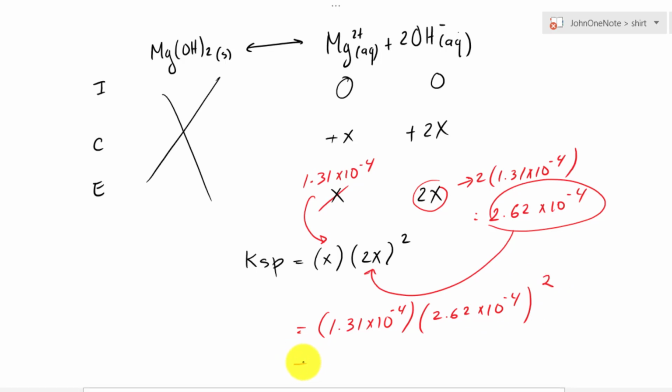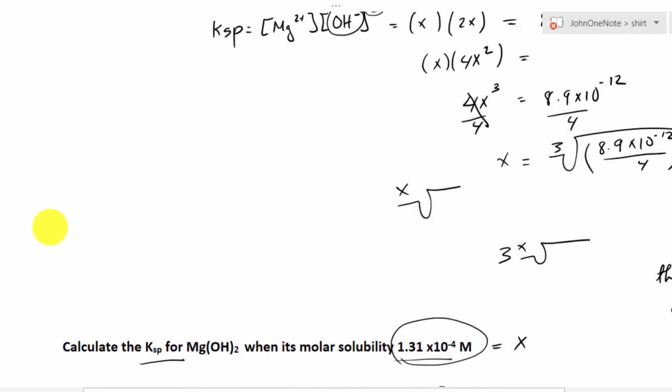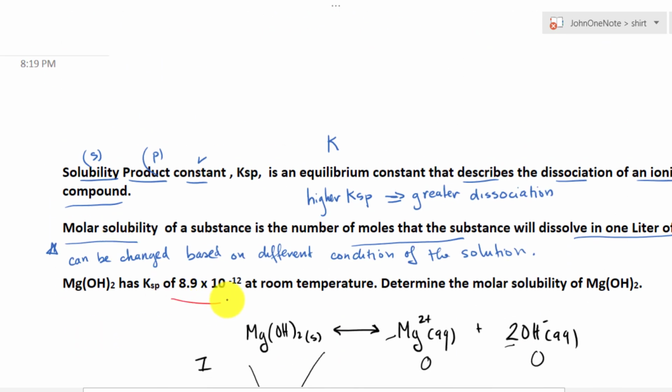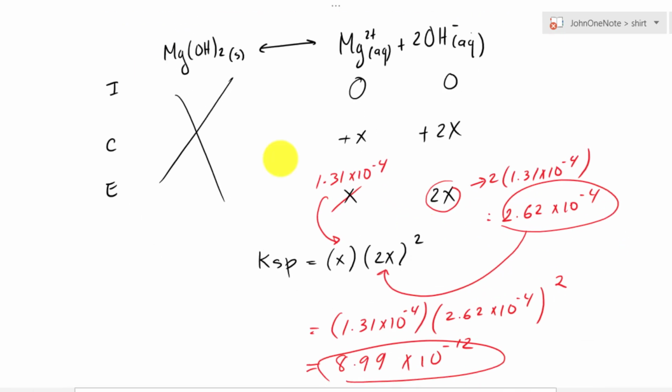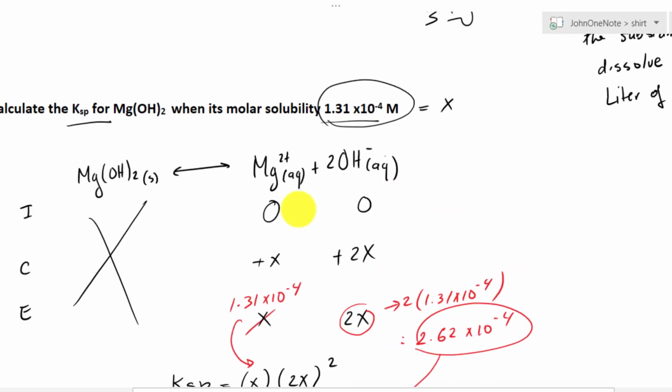It turned out that we have 8.99 times 10 to the negative 12. And that is extremely close to our KSP right here. Isn't that amazing? So that's how you apply the solubility rules to solve for the solubility product constant, or the molar solubility of a substance.